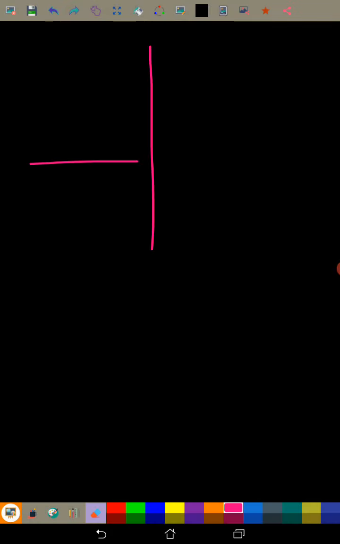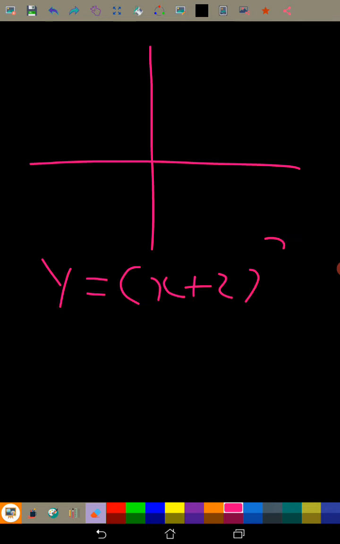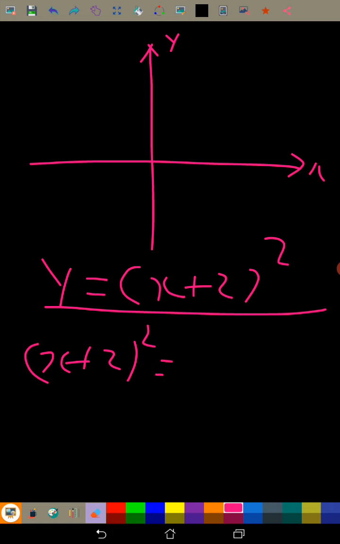We have a curve, y is equal to x minus 2 to the power of 2. This is a perfect square. If we equate this to 0, we get x minus 2 to the power of 2 is equal to 0, so x is equal to 2.